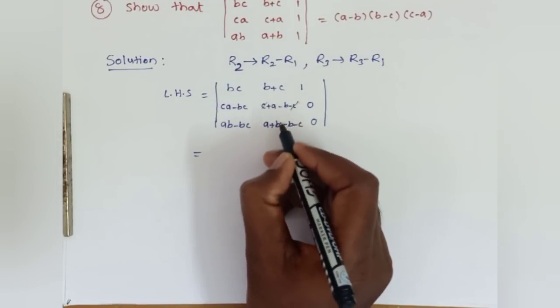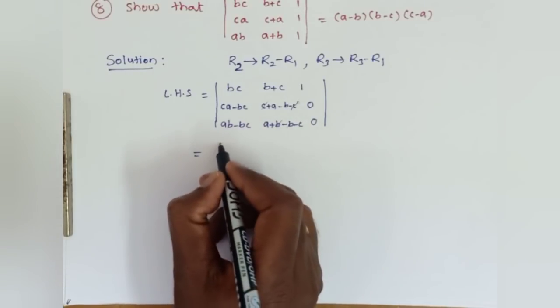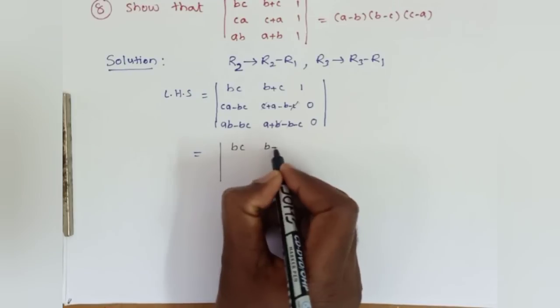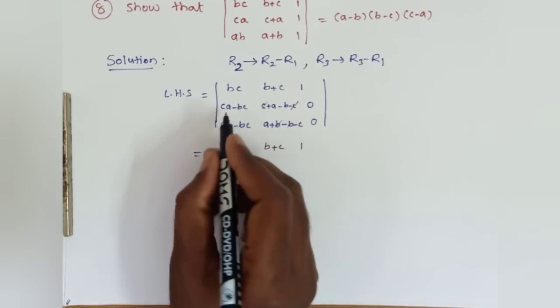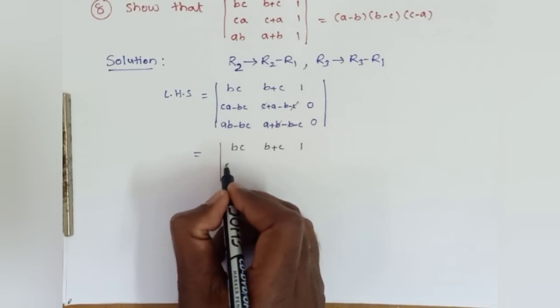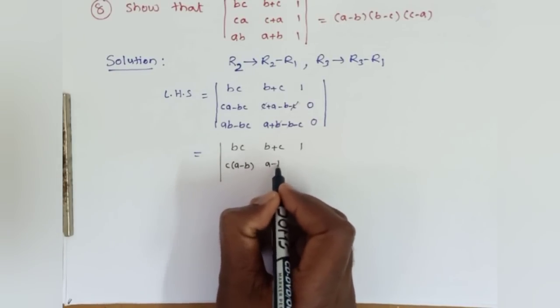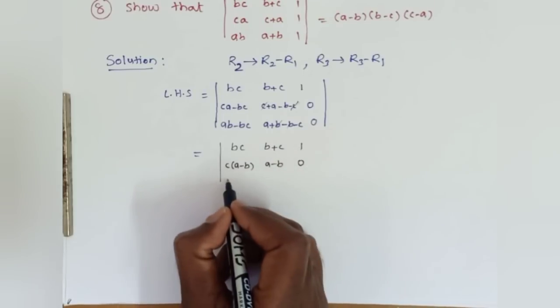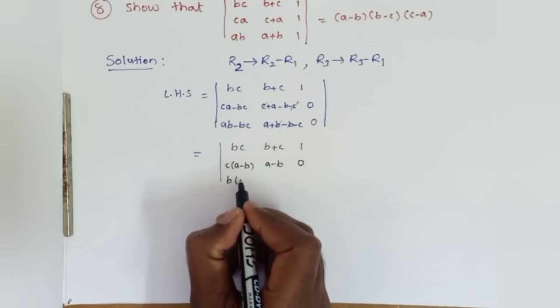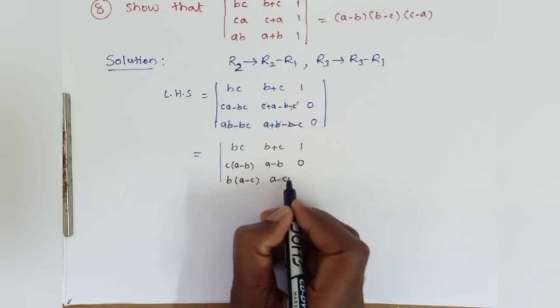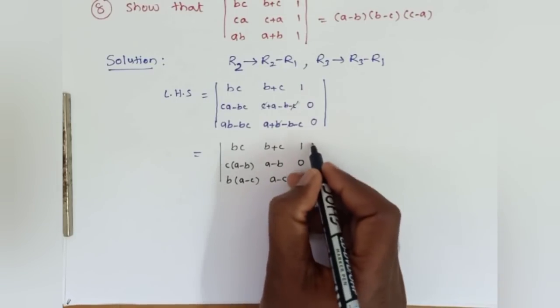Here in this, minus B and plus B, or simply we can express this as BC, B plus C, 1, and this can be written as C times A minus B, and this is A minus B, 0. B is common, so it is A minus C, here it is A minus C and 0.